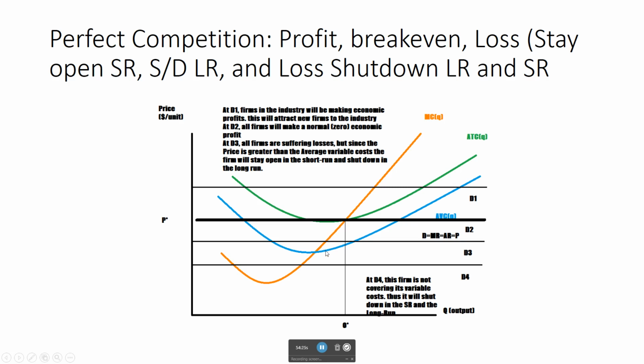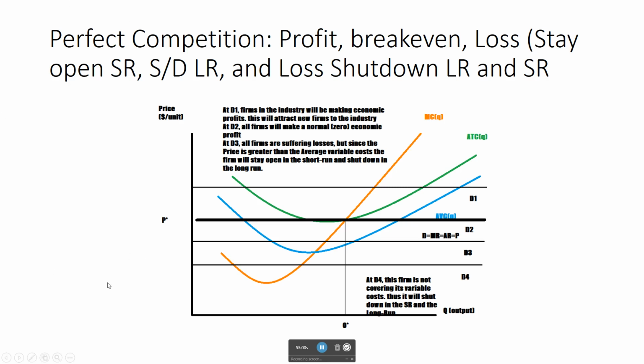So they cover all of their variable costs, plus they have some of this money left over to apply to fixed costs. If they shut down in the short run, they'd have to pay all the fixed costs, so they're going to stay open. If you ever see a store that has a going out of business sale, they're anticipating going out of business when their lease runs out, but they're going to stay open in the short run to try and cover all of their variable costs plus some of those fixed costs so they don't have to pay the full lease.